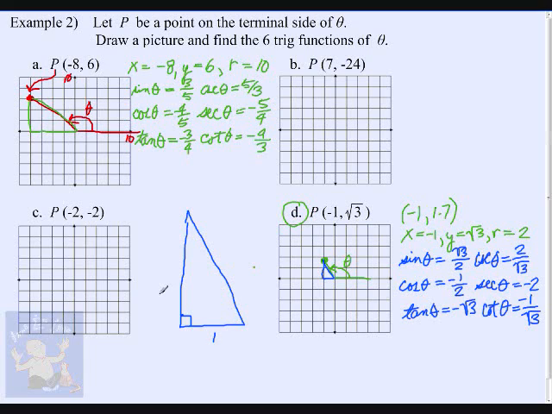I'm just going to put a 1 there. This was the square root of 3, and this was 2. Do these look familiar to you? They should. They should look familiar to you. This is a famous triangle.